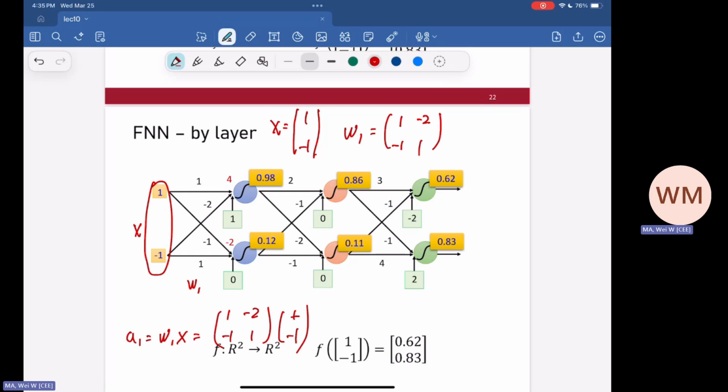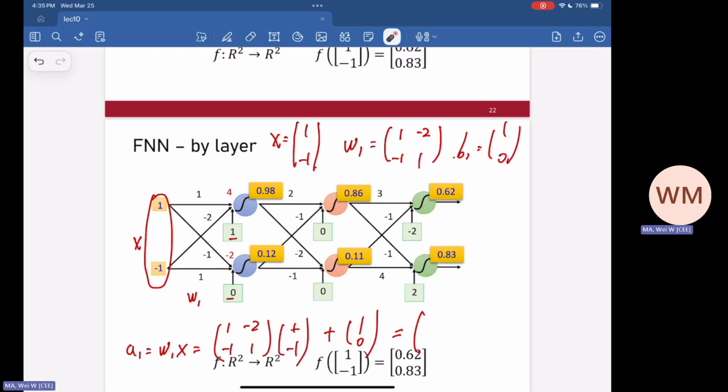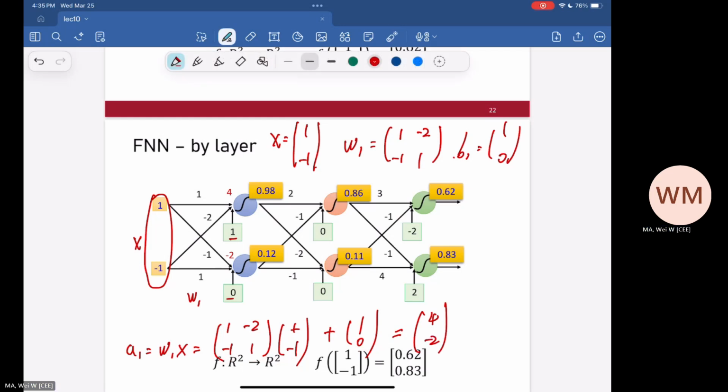And also you have a bias. The bias is 1 and 0, so you add the bias [1, 0]. We can calculate this very quickly. The first entry is 1 plus 2 plus 1, which is 4, and the second is -1 minus 1, which is -2.